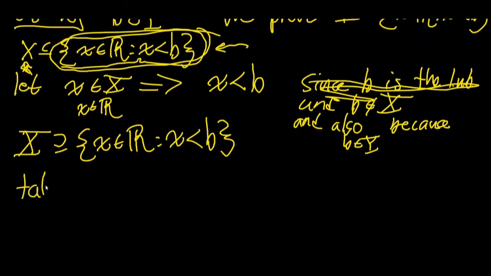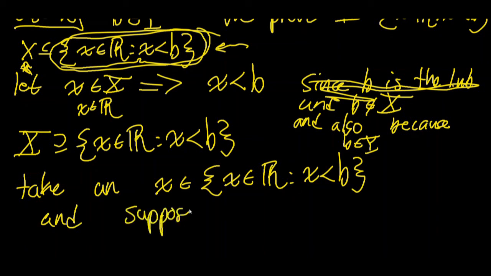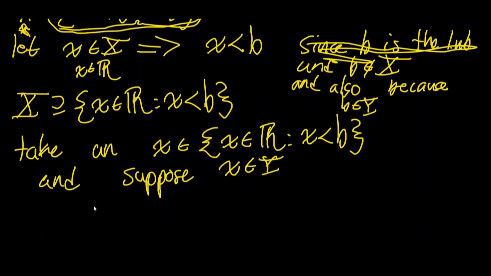So take an x in our right-hand side set here, x in R, such that x is strictly less than b. And we're going to do the same thing we did last time, and suppose x is in Y. Well, we know that x is strictly less than b.